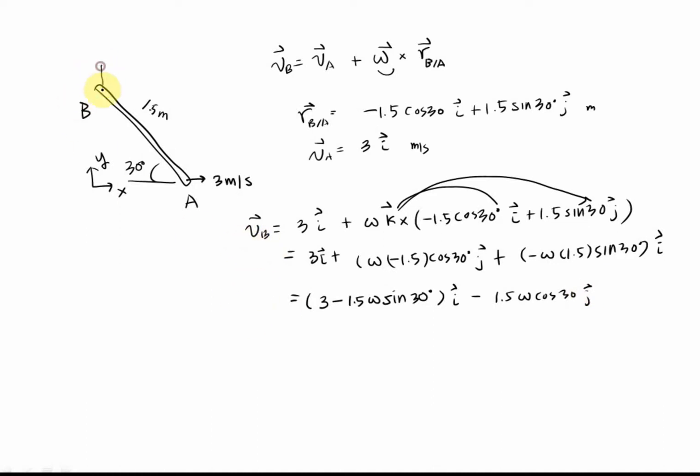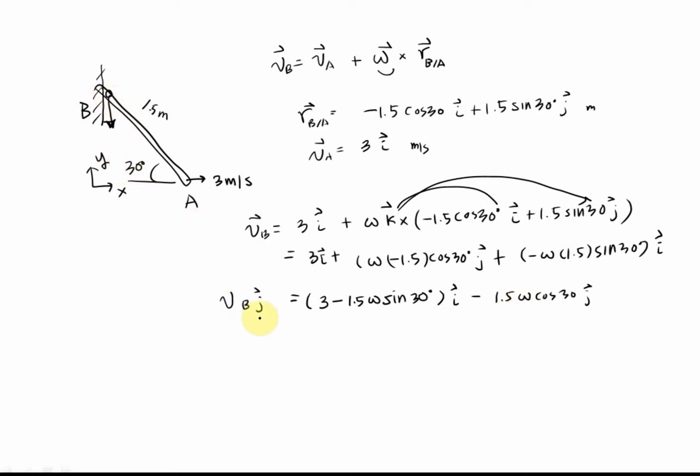But right now, if you look at that, there's a constraint because the roller always touches the wall, right? Which means the velocity of B is always just going down. So I know that my velocity V has only a J component. I don't have any I component because this is just going down.